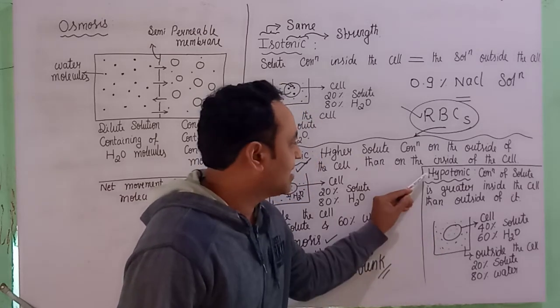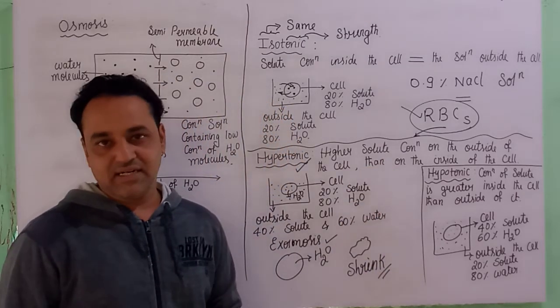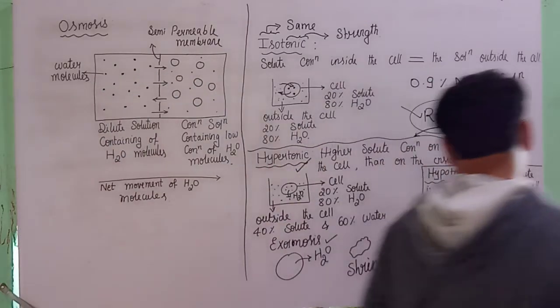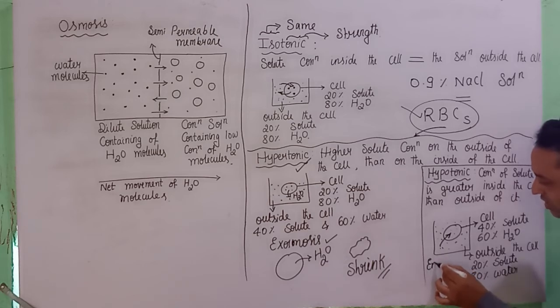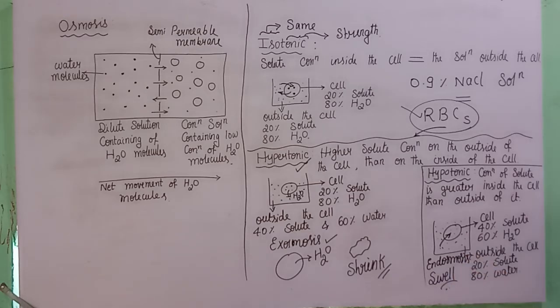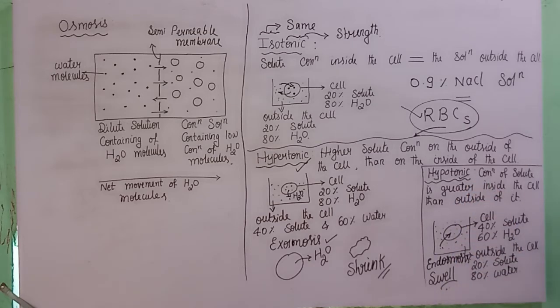Such a solution is called hypotonic in nature. Because of this, the water molecules go into the cell by a process called endosmosis, and due to endosmosis the cell swells. That is due to the hypotonic solution.